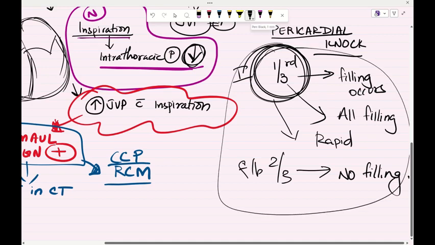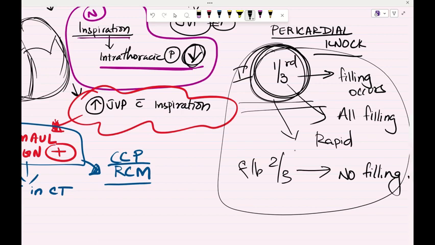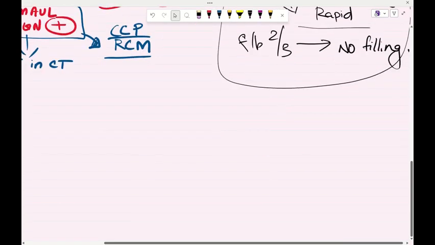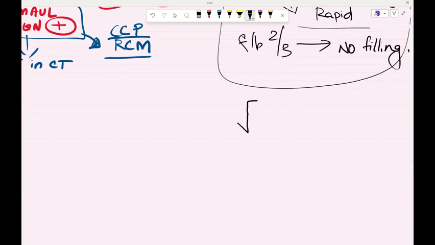So of the total diastole, only the first one third is actually normal, or you can quite say that also abnormal because there is rapid filling and all the filling is occurring in that. It's quite abnormal, but it's the only period of diastole where there is filling of the ventricles. So if you draw a graph of that, this is how you get it, like a square root.